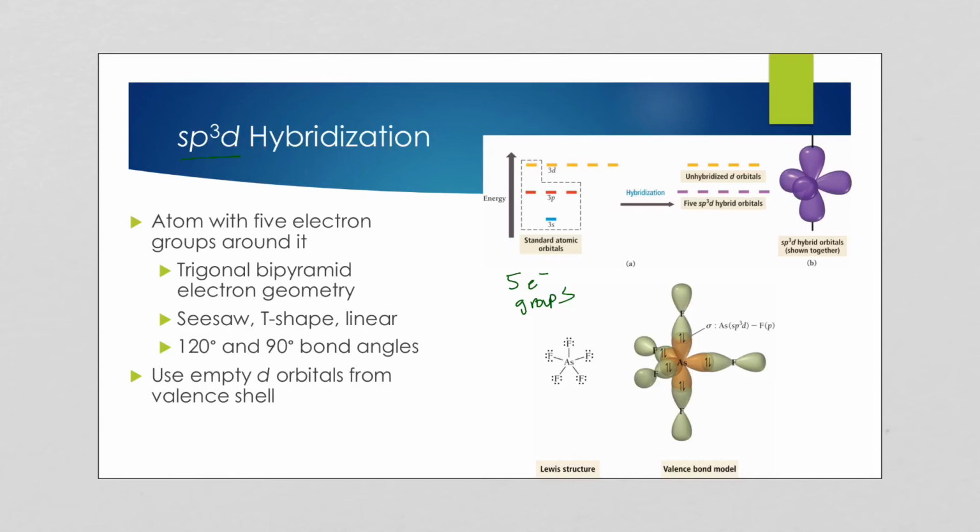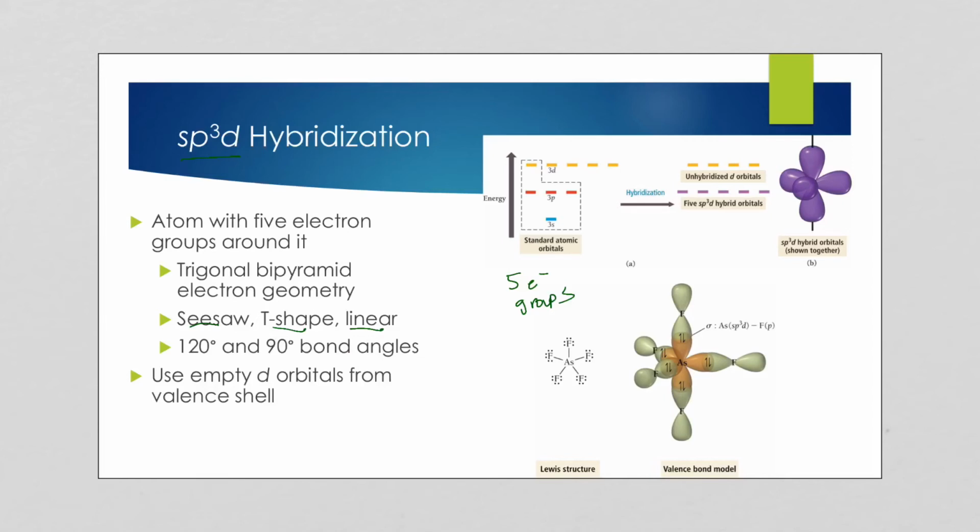But we can see, notice the fluorine here doesn't undergo hybridization, right? It just uses a p orbital to make its one bond with each of the sp3d hybrid orbitals of, in this case, As. And this is going to be present not only in trigonal bipyramidal, but also all of the derivatives of that where we have lone pairs.